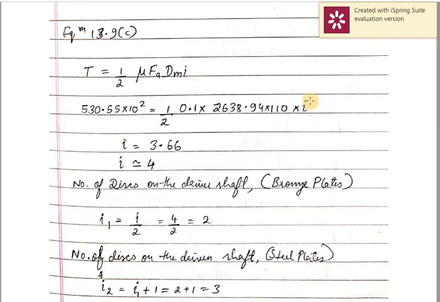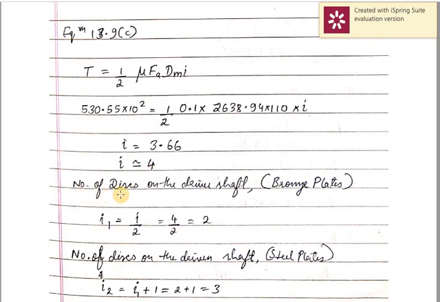Now we have only one unknown, the number of active surfaces I, which is calculated as 3.66. So approximately we can write it as 4 active surfaces.